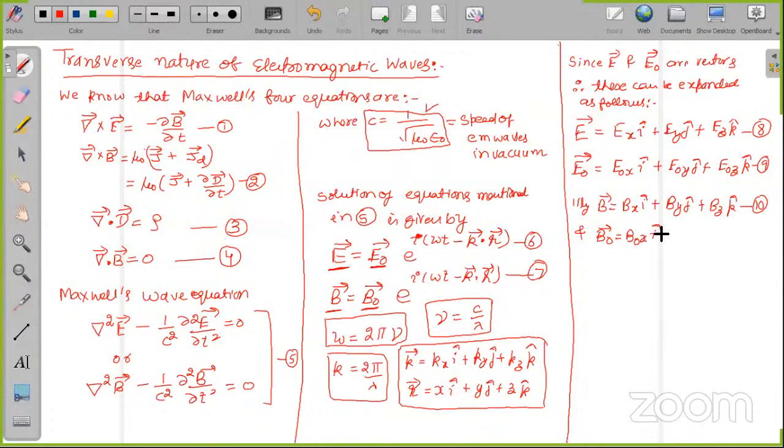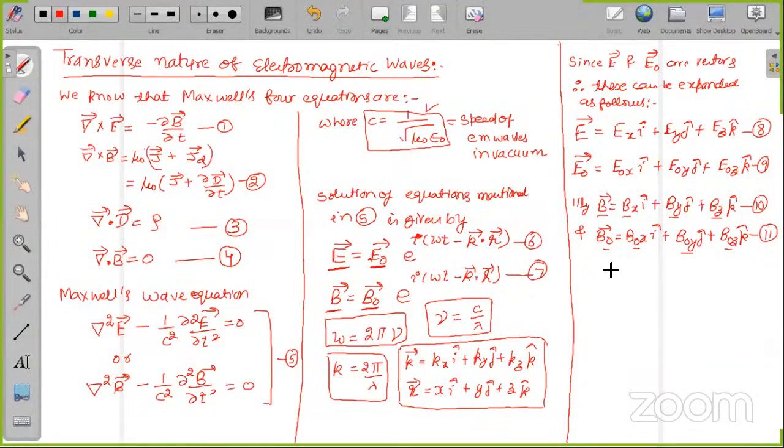B0x i cap plus B0y j cap plus B0z k cap. Is it okay, students? All these values will vary. Please remember, all these values which I have underlined will be constants, and all these values which I am now underlining will be variables. Any other question?